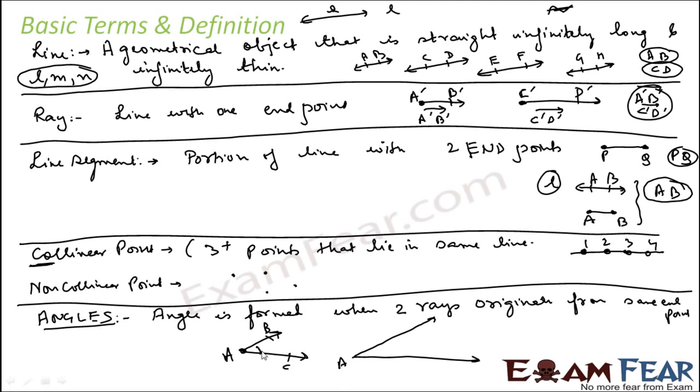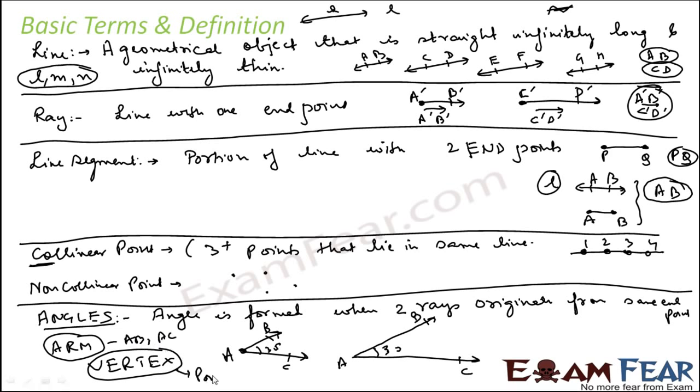Right? If the angle is the same, let's suppose this is 30 degrees. So both are the same, because I'm not bothered about the length of AB or AC. What I am bothered about is this angle. And these two, AB and AC, are called arms. And the endpoint is called the vertex. So we have two new terms here. Arm is AB or AC here.